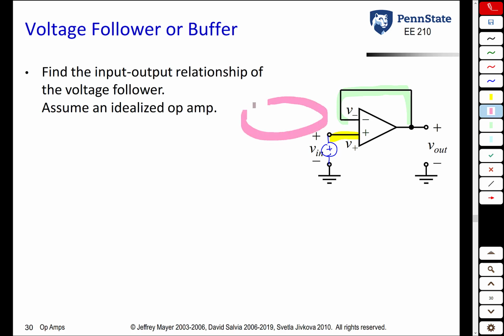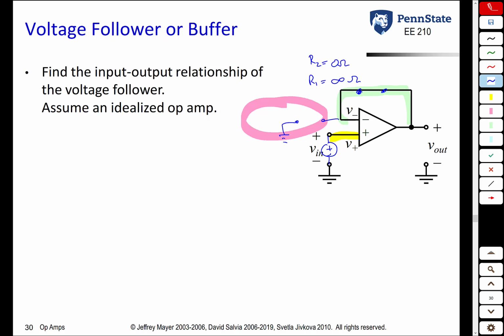In other words, we have no resistor here. So another way to think about this is R2 is equal to 0 ohms and R1 is equal to infinity ohms. You have a short circuit for this feedback resistor and an open circuit connecting to ground. This is called a voltage follower or buffer circuit.